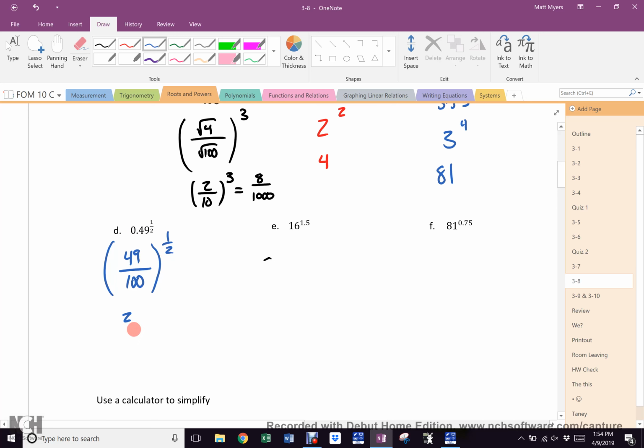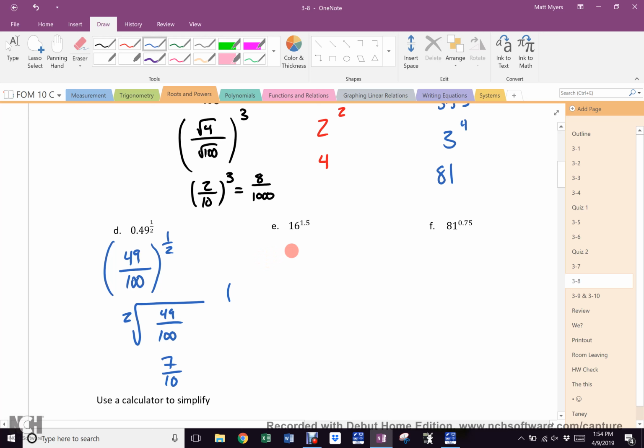Index. Where does the base go? Radicand. Where does the numerator go? Power. What's the square root of 49 over 100? 7/10. To the first power, do we change it? No.